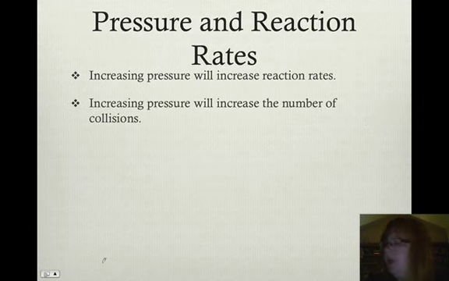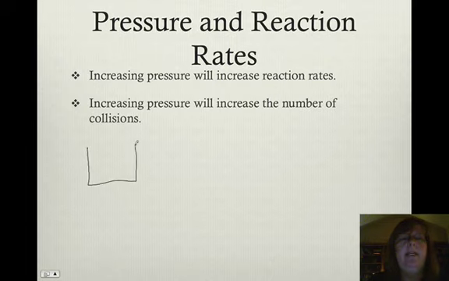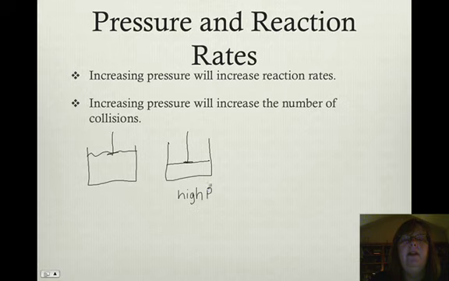What about pressure? When I think of pressure, the way I really like to think about it is with a piston. This would be like my reaction here. If I increased the pressure, it would push it down here. So this would be high pressure, and compared to this, this would be the low pressure.